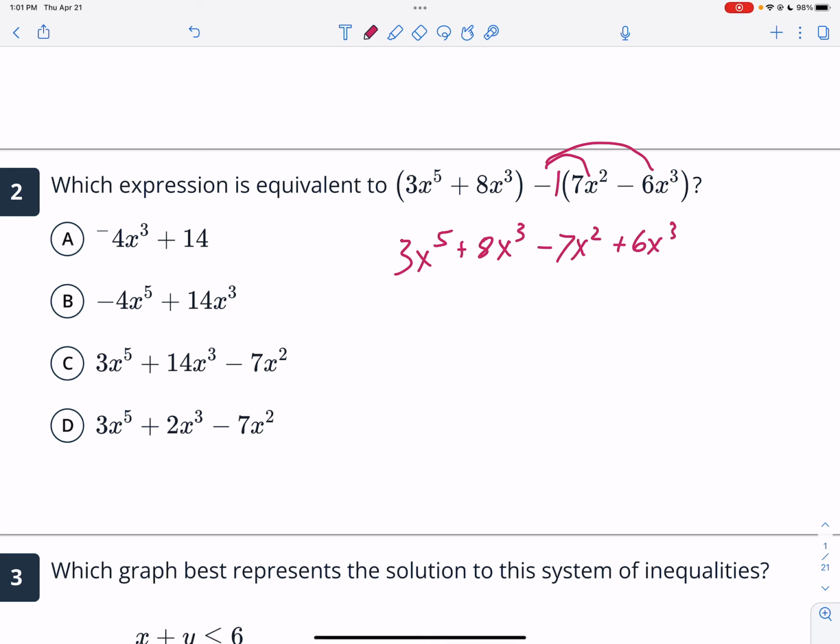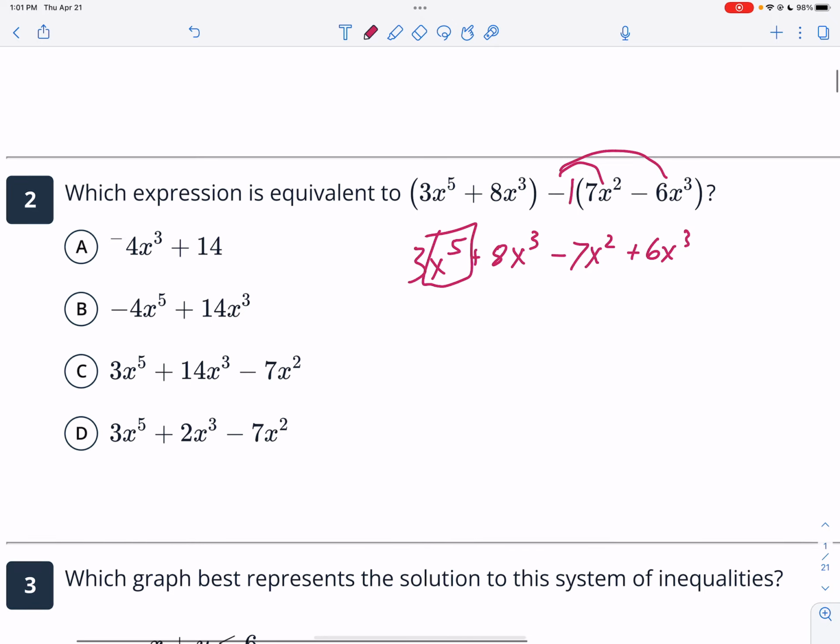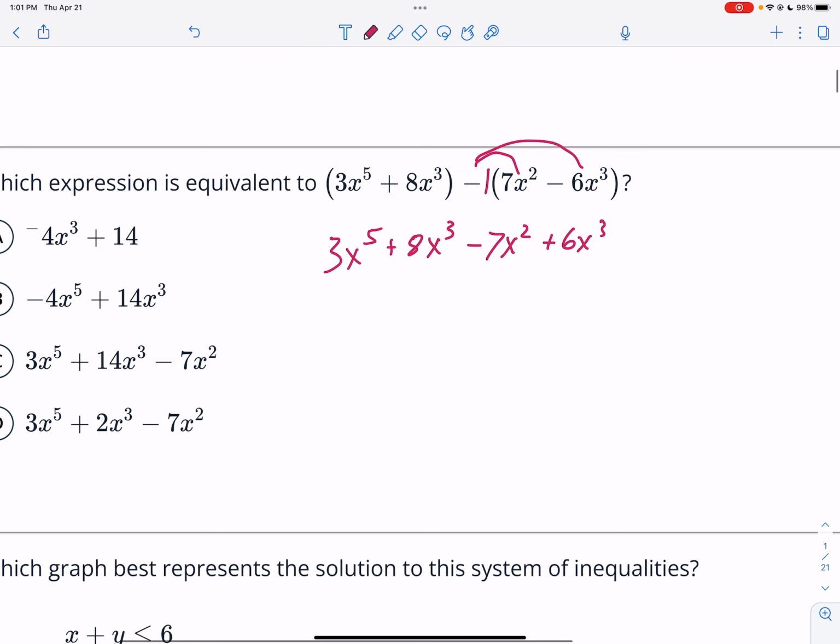So I combine like terms. Remember, you can only combine like terms and simplify by adding and subtracting if they have the same number and type of factors, okay? So this is an x to the 5th. I don't see any other x to the 5ths over here, so I can't combine it with anything.